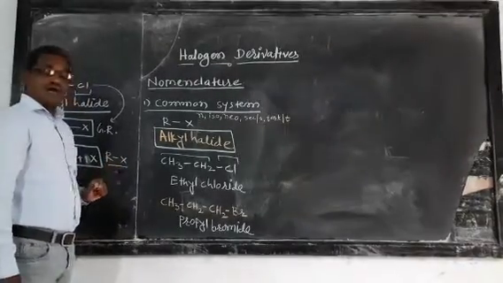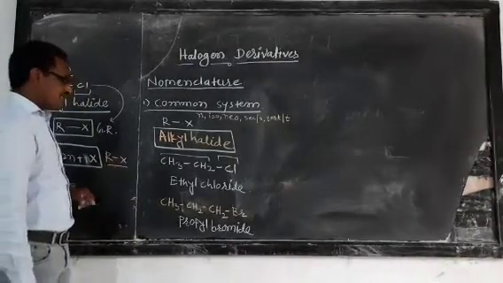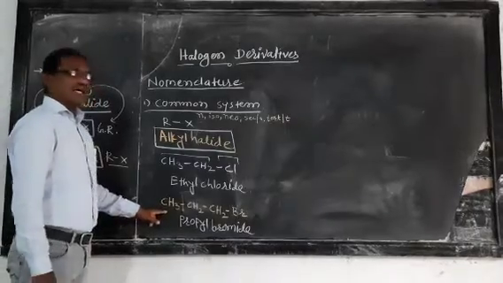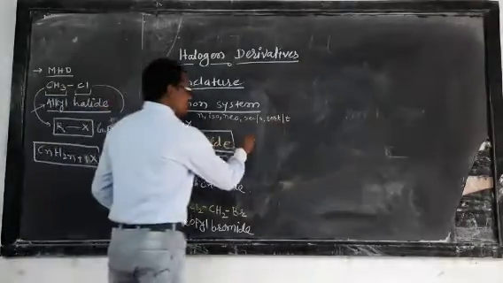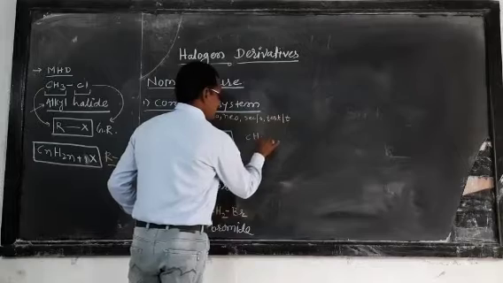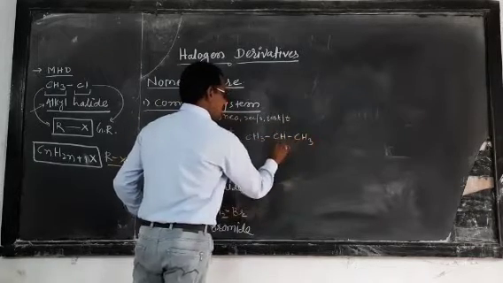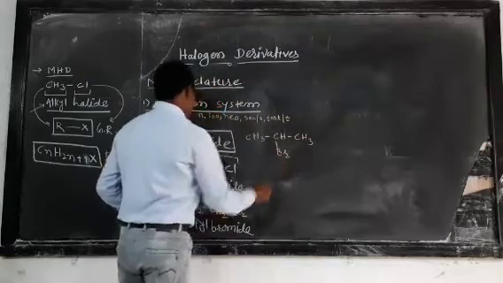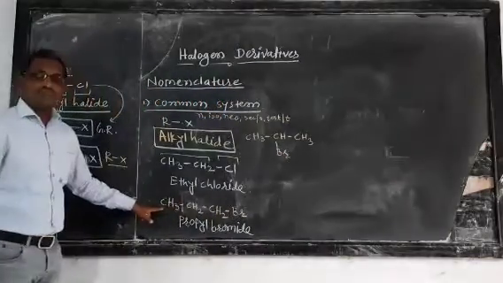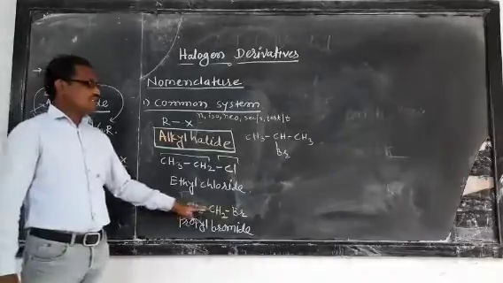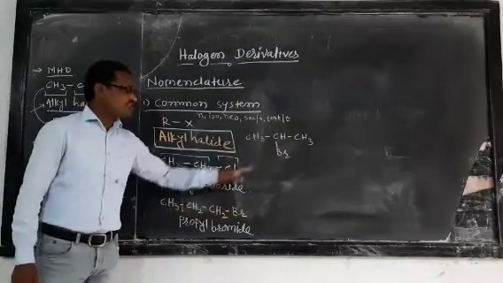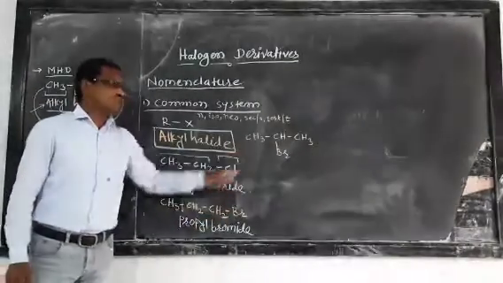Why is it wrong? I may write another structure of the same 3 carbon atoms with bromine: CH3CHBrCH3. Here the molecular formula is the same: the number of carbon atoms, hydrogen atoms, and halide atom is the same in these 2 examples.